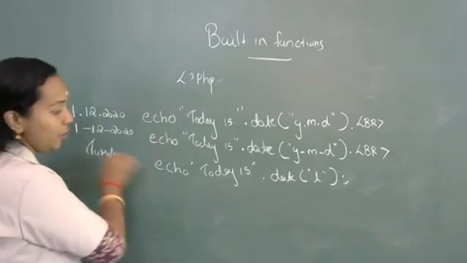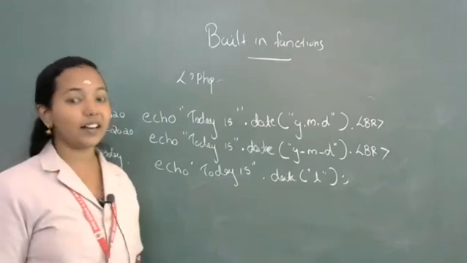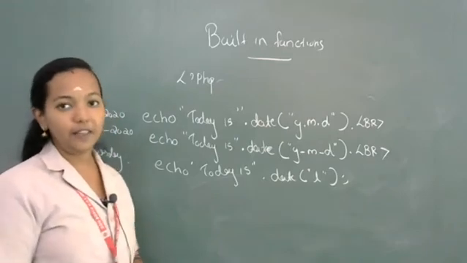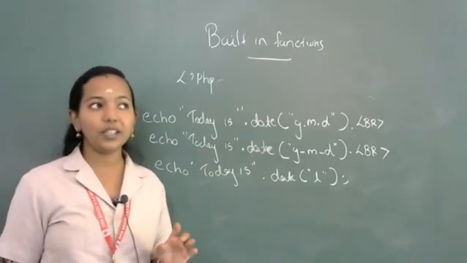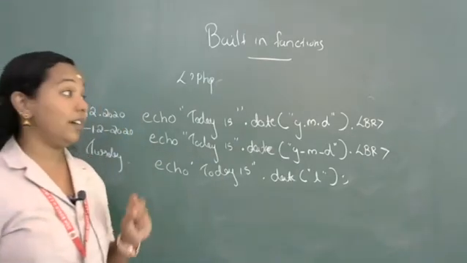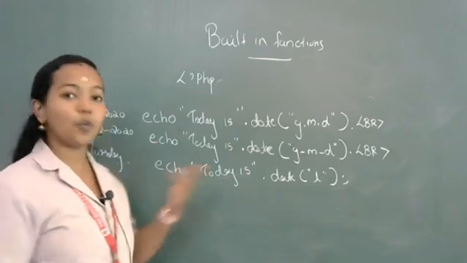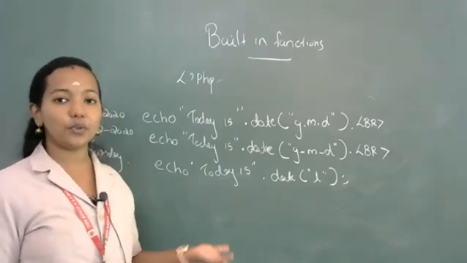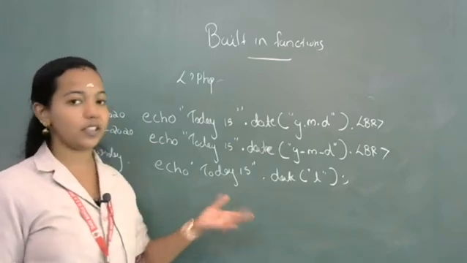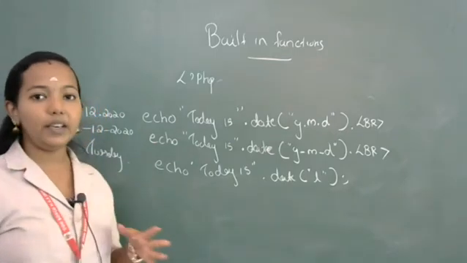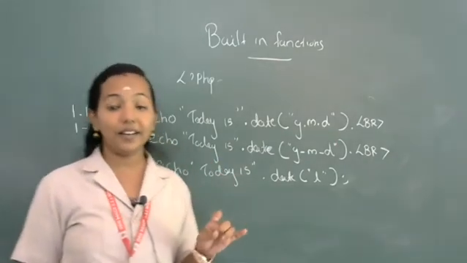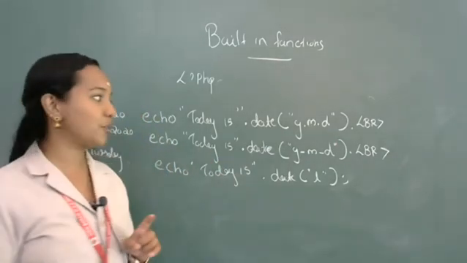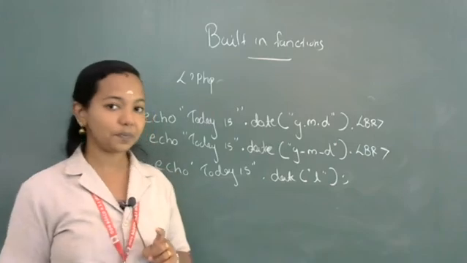We will get Tuesday as the result, the current day. So in some web development stages, suppose you want to include the current date and also the day name, then we can use this method. So the commonly used parameters for date are Y, m and d, and one more is L, to print the day. Clear?